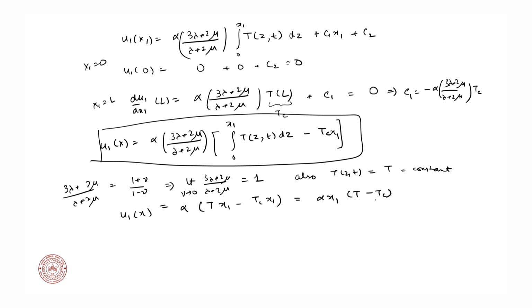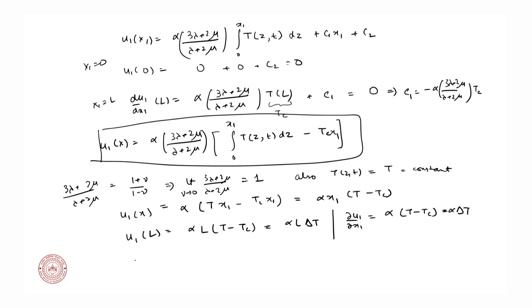Okay, this looks very similar to our displacement equation for strain. u1 of L will be equal to alpha L (T minus Tc), which is alpha L delta T. This we know very well. Our strain, that is del u1 by del x1, will be equal to alpha (T minus Tc), that is alpha delta T, that is our strain.